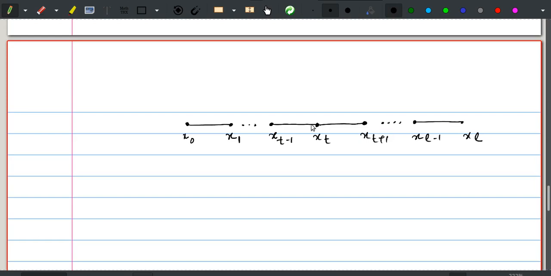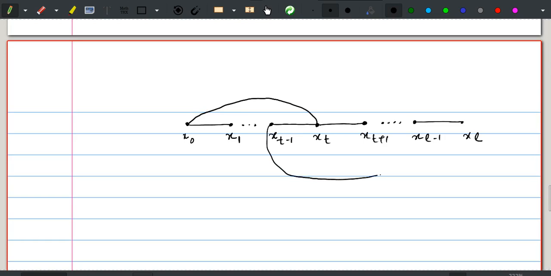Now since xt belongs to A, that means xt is a neighbor of x naught, i.e. there is some edge between xt and x naught. Similarly, there is an edge between xl and xt minus 1, so we have an edge between xt minus 1 and xt.